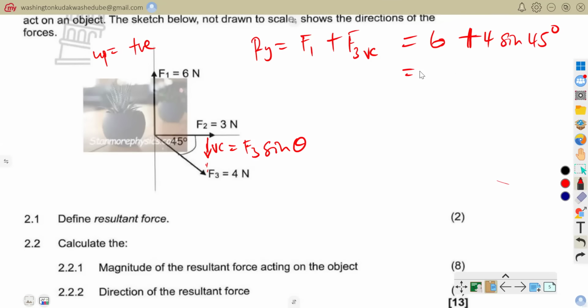From special angles, we know this would be 6 plus 4 times root 2 over 2, that is 6 plus 2 root 2. And what becomes the answer there? If I say 6 plus 2 root 2, I'm going to get 8.828.